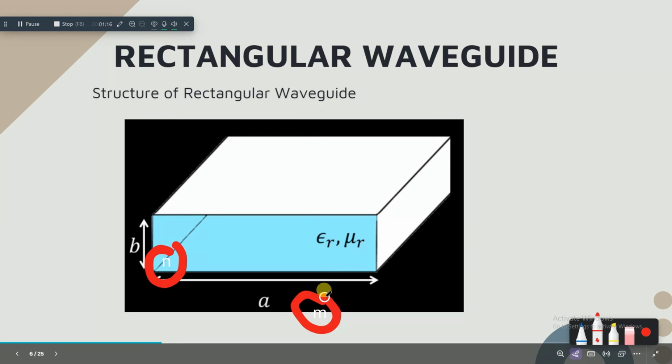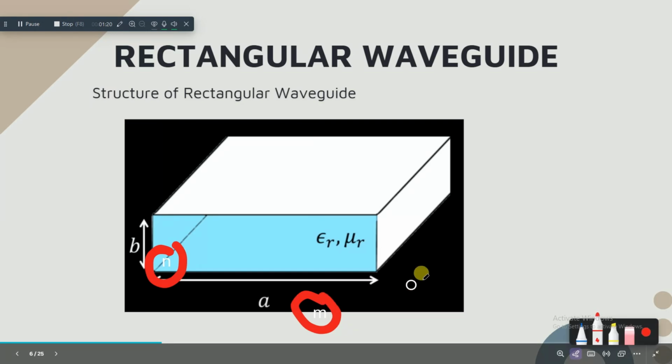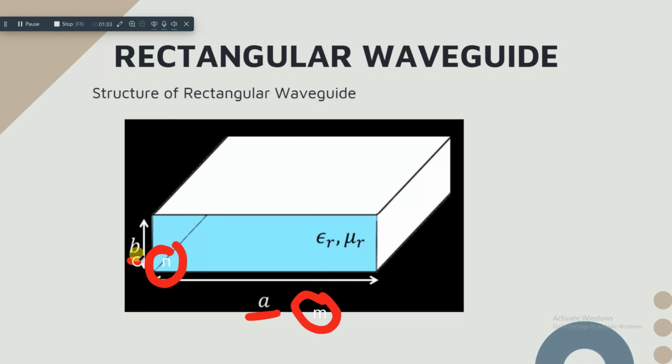So why are these used? Here m represents the number of half-wave variations along the width A, and n represents the number of half-wave variations along the height B. So these m and n notations are used to define modes of operation such as TE10, TE11, TM23, and so on.